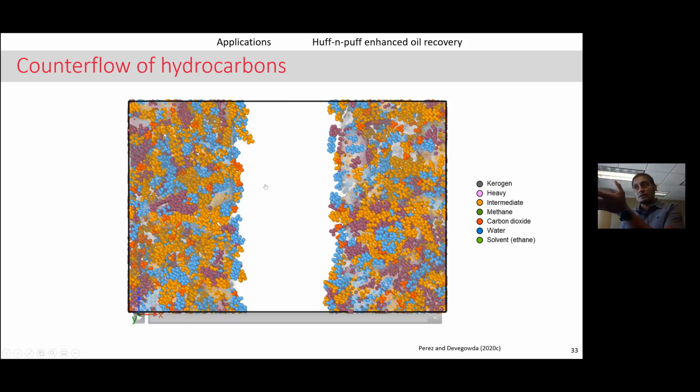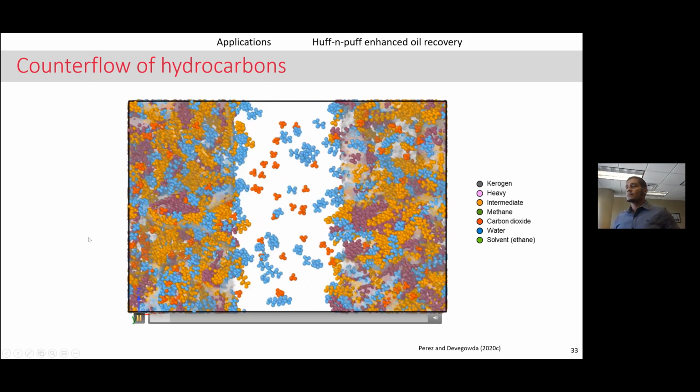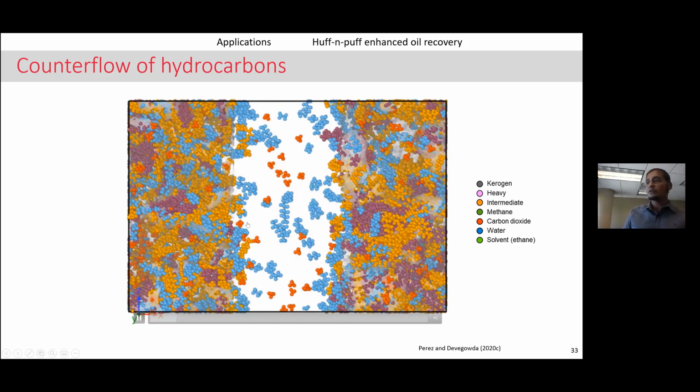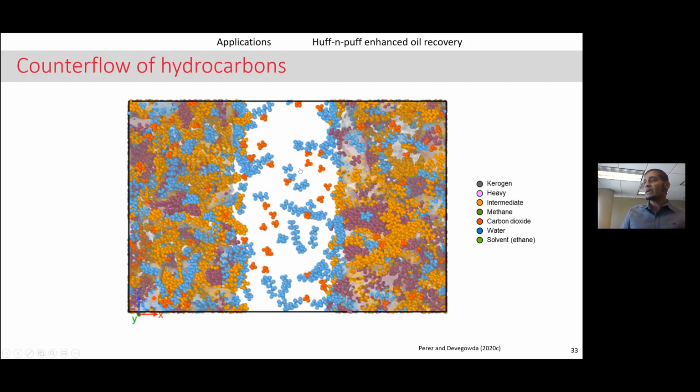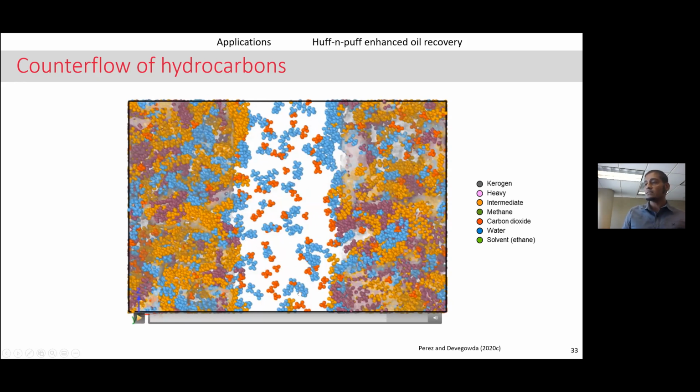Now, with exposure to the solvent, let's see what gets produced. You can still see quite a bit of methane being produced, but you also begin to see some of these larger molecules being produced. You can see some of these larger blue molecules. You can also see some of these orange molecules being produced.